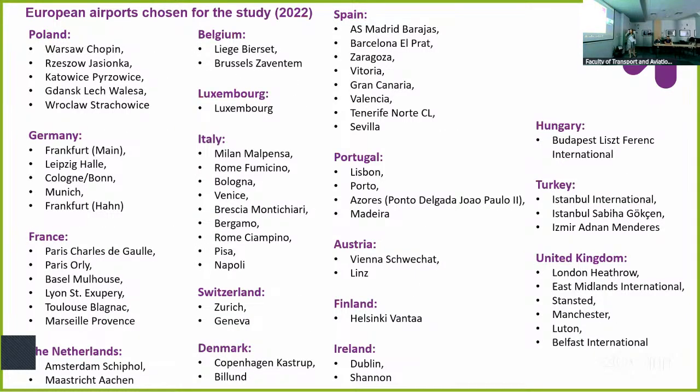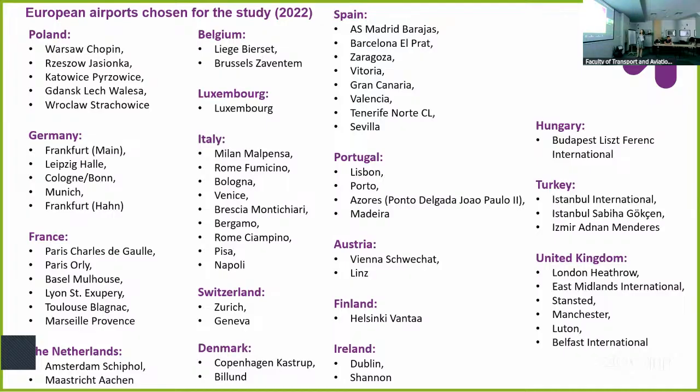So here you can take a look at the list of the European airports chosen for the study from all the countries, such as Poland, Germany, France, the Netherlands, Belgium, Luxembourg, Italy, Switzerland, Denmark, Spain, Portugal, Austria, Finland, Ireland, Hungary, Turkey, and the United Kingdom.